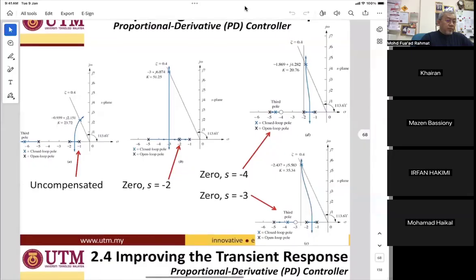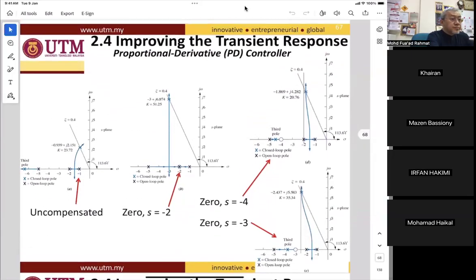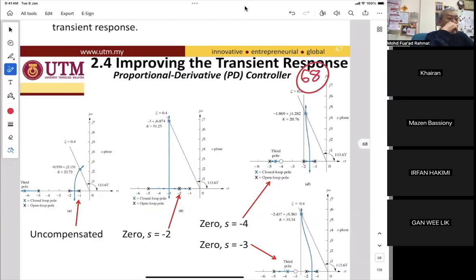We move to slide number 68. PD controller.